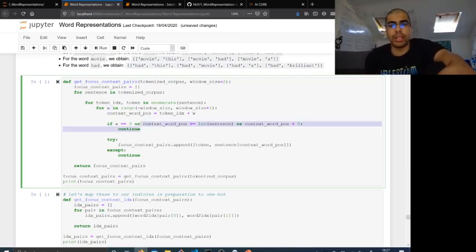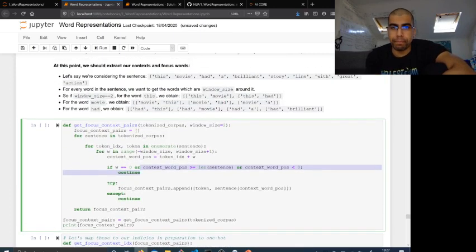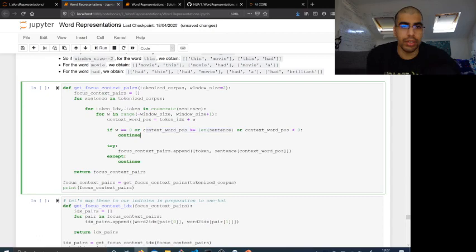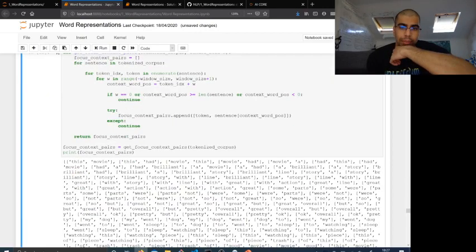If it occurs below 0, like these non-existent words here, we also skip. And if it's greater than the length of the sequence, we also skip. So we do that, and we obtain our training pairs.